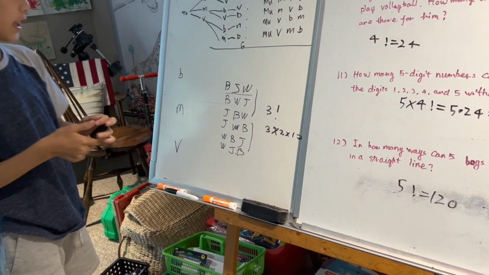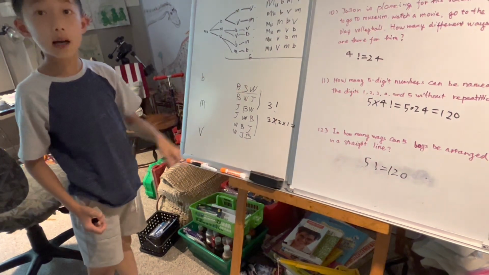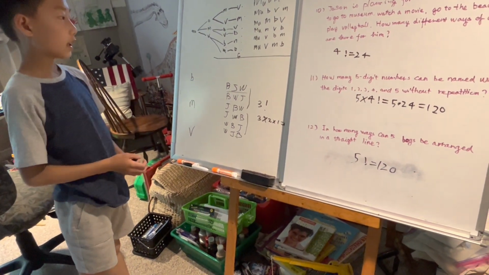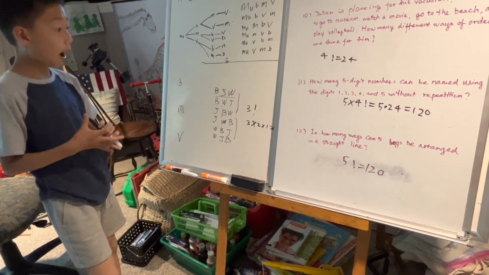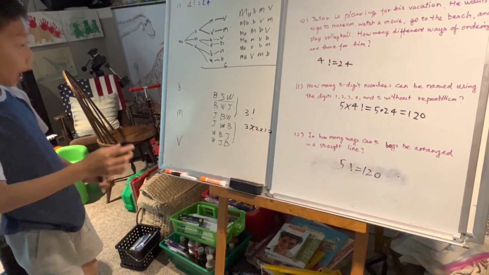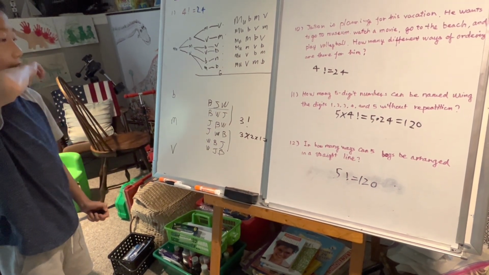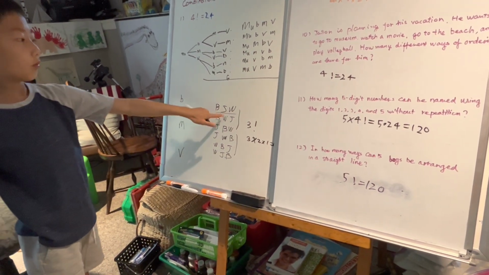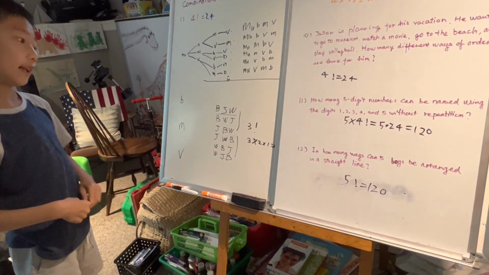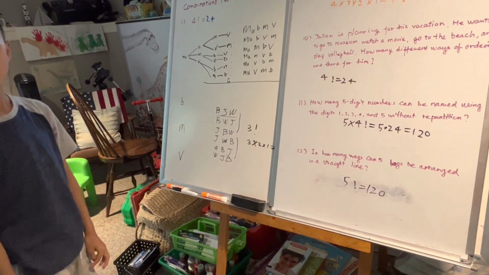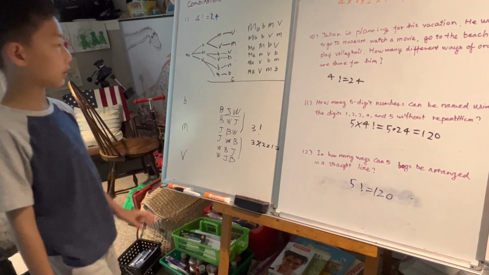So there's 3 letters: B, J, and W. The question is how many ways they could be arranged. So there's 3 factorial, 3 times 2 times 1 equals 6. So 3 factorial equals 6.